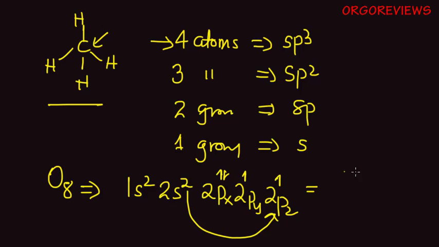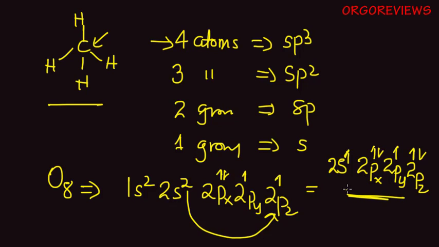Depending on what type of hybridization, you will end up with 2s1 electron mixing with 2p. So let's say the oxygen is sp3 hybridized, then you're going to have all these orbitals mixed together. So you're going to have all of them mixed together, but then 2 of them will have lone pairs. So when you mix this together, you're going to have 4 orbitals. Oxygen will have 4 orbitals, but then 2 of them will be lone pairs. So usually we put just the lone pairs on the oxygen.